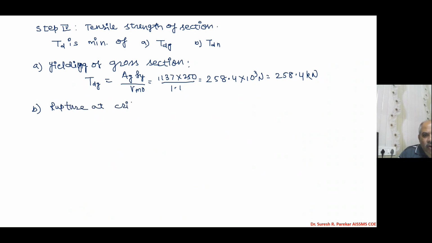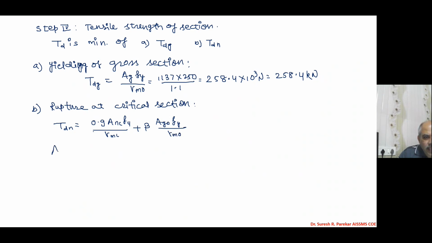And second we have a rupture at critical section, because we cannot go for block shear strength. And then we have TDN equal to 0.9 ANC Fu upon gamma M1 plus beta AGO Fy upon gamma MO.